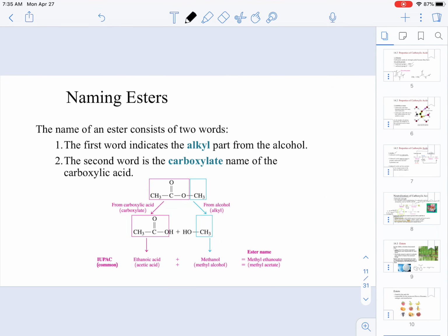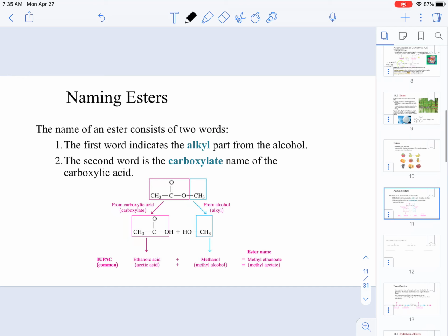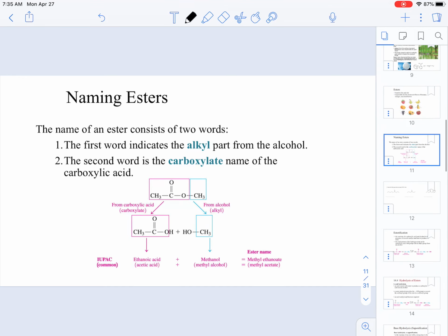Now let's go over how to name esters. When it comes to esters, the main thing is that we need to separate the portions of the esters into the alkyl component and the carboxylate component.